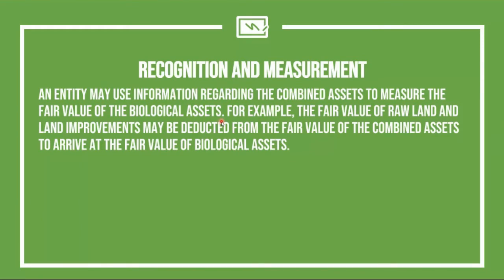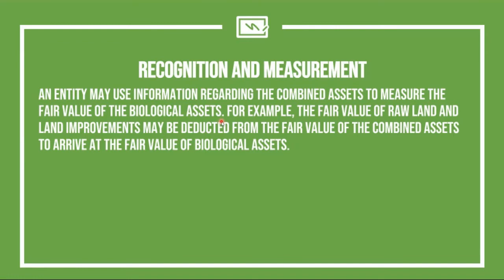Most of the time, the value of the land and the value of the land improvement are automatically available, because you know how much you bought it for, or you know the fair value of the land as provided by certain valuators. So what you're going to do there is to get the combined value and deduct the value of the land and the land improvement for you to get the fair value of the biological asset.